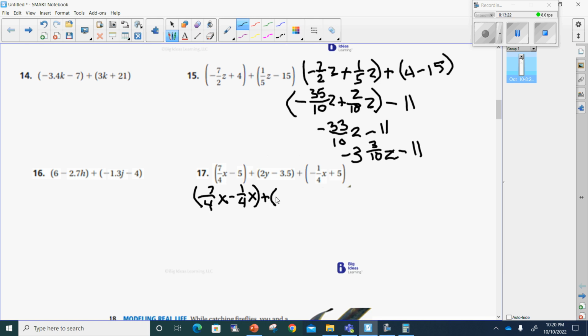So this number is going to be negative 5 and minus 3.5 and plus 5. And then I've got a plus 2y over here. So this is just going to be plus 2y. There are no other y's to combine with that, so I can leave that alone.